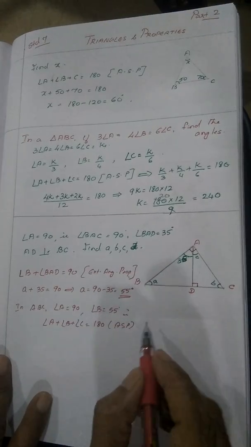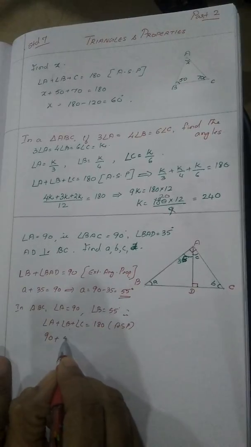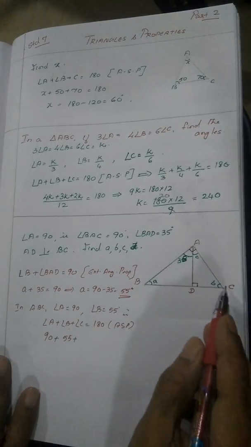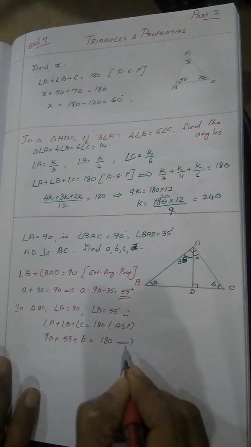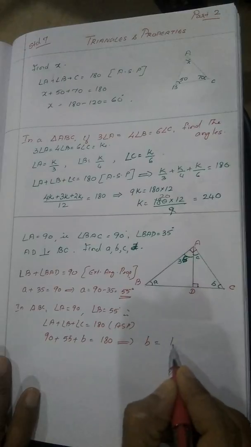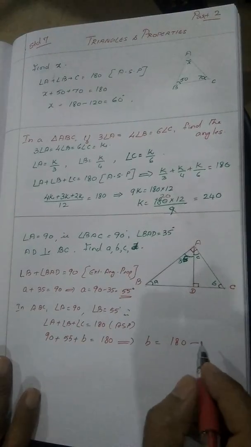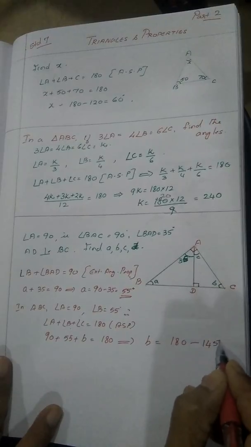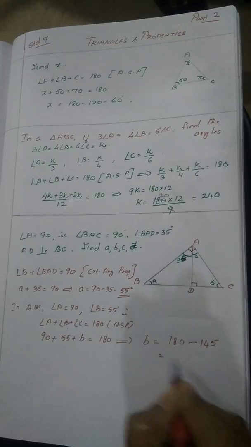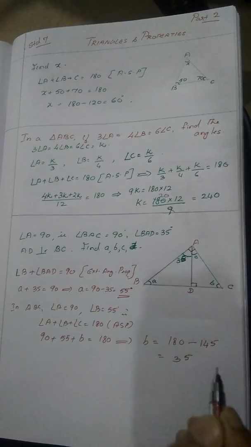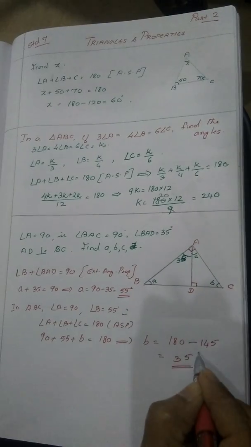Angle A is 90, B is 55, so 90 plus 55 plus C is equal to 180, from which you will get C is equal to 180 minus 145, which is 35 degrees. So C is equal to 35 degrees.